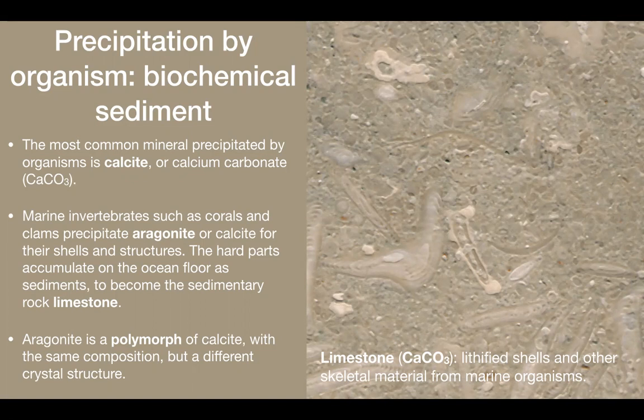Polymorphs are crystals with the same chemical formula but different crystal structures. Marine invertebrates, such as corals and clams, precipitate aragonite or calcite for their shells and structures. Upon death, their hard parts accumulate on the ocean floor as sediments and eventually may become the sedimentary rock limestone.